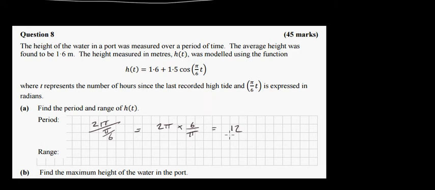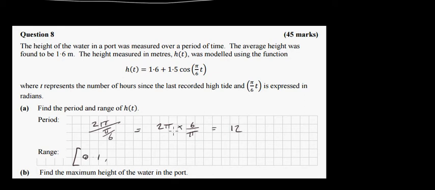function will go from -1 to +1. However, the number in front of the cos here is 1.5, so we're going to go from -1.5 to +1.5. However, we're also adding this 1.6. So if we take -1.5, add 1.6, we're going to start actually at 0.1.